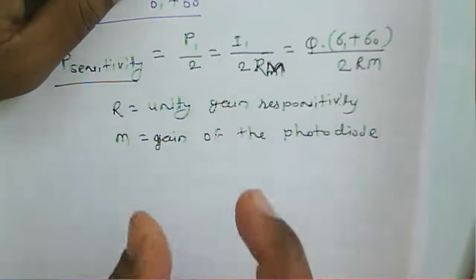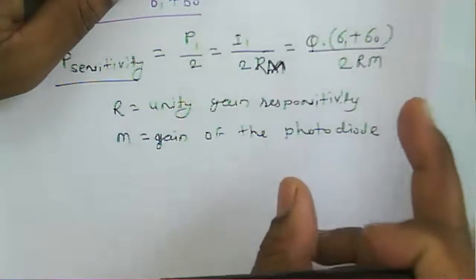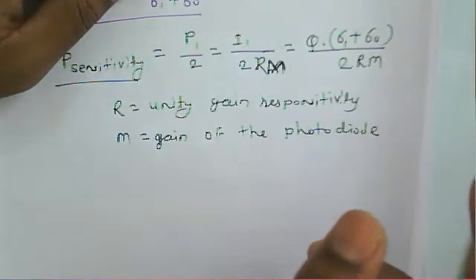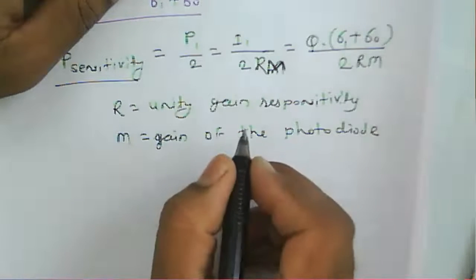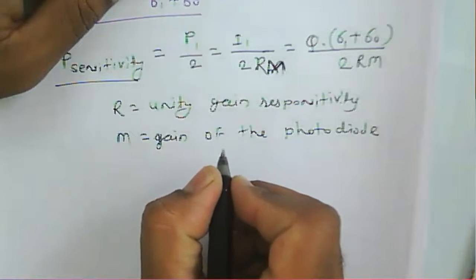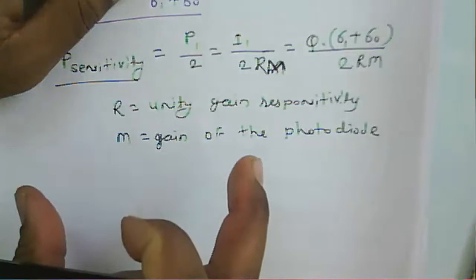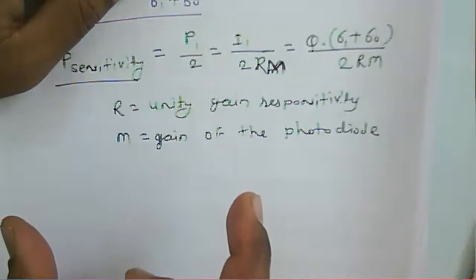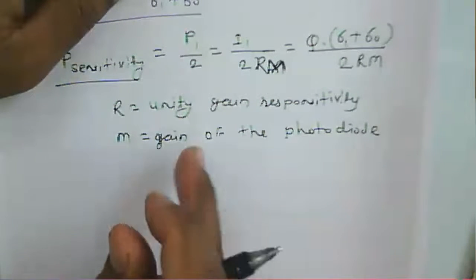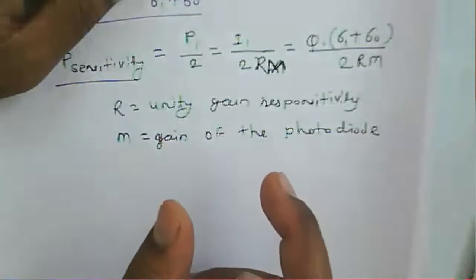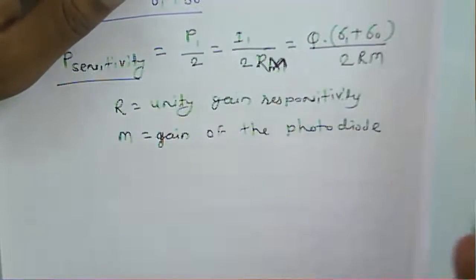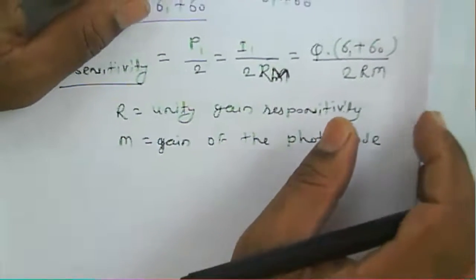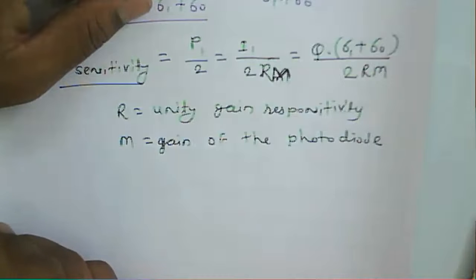If there is light, a current is detected, and because of thermal variation across this load, there is thermal noise. The shot noise depends upon the received power, because electron-hole pair generation is a random fluctuation process. That's why there is shot noise.